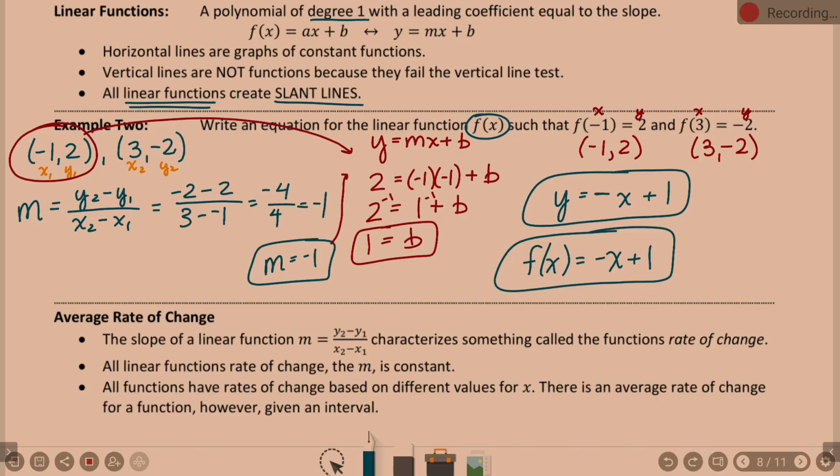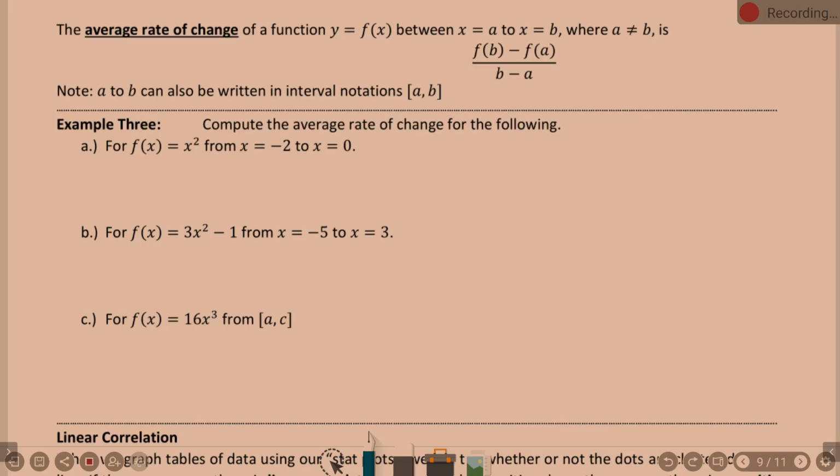When you go to the back, average rate of change for a function y equals f of x, on the interval between x equals a to x equals b, where a and b are not the same, so you have to have two different endpoints on this interval, is f of b minus f of a over b minus a.